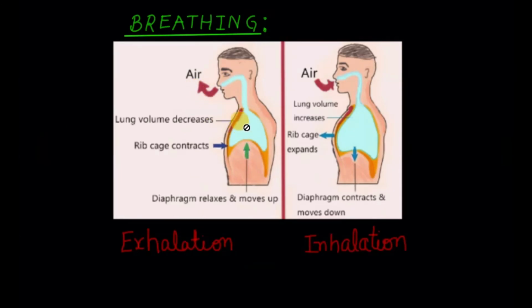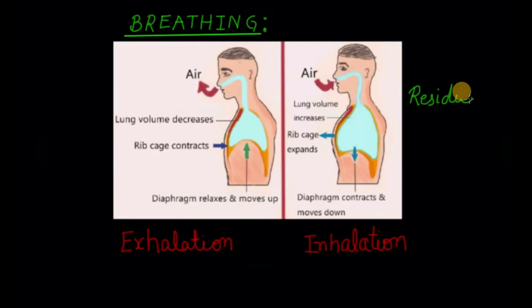This way air moves outside. This is known as exhalation. So during inhalation air moves inside, during exhalation air moves outside. Breathing is a physical process in which inward and outward movement of air occurs.